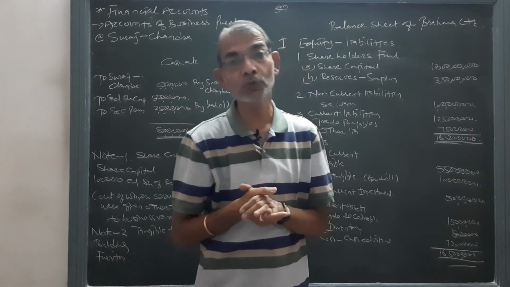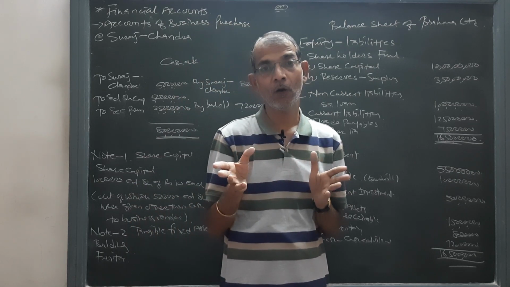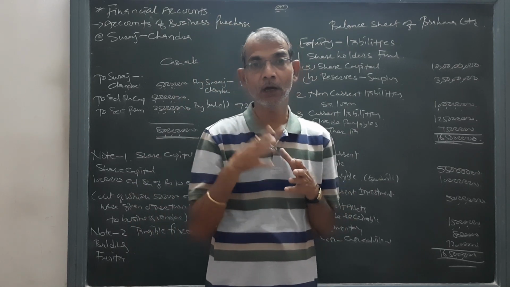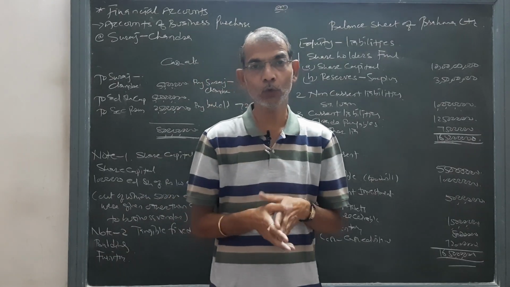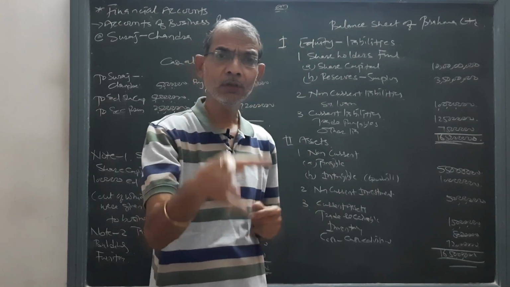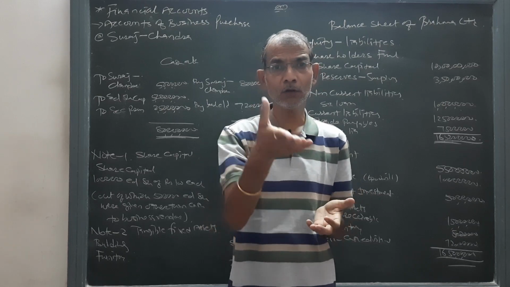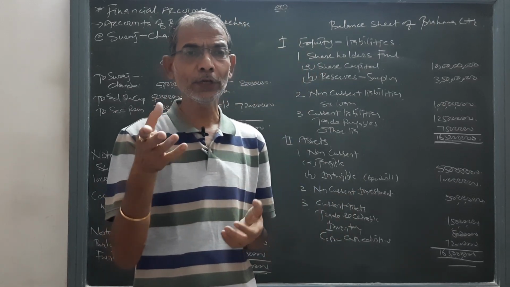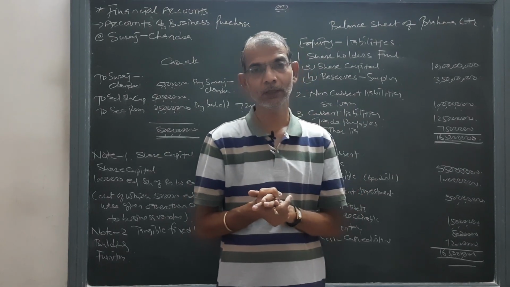So when it comes to company, obviously they play in 100 crores. That's why I have taken figures in crores. In the books you will see all the figures in lakhs or thousands. So if you practice in thousands and lakhs, you are not going to do very well with figures in crores.